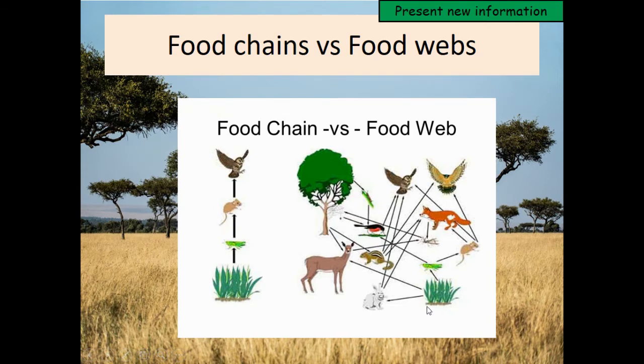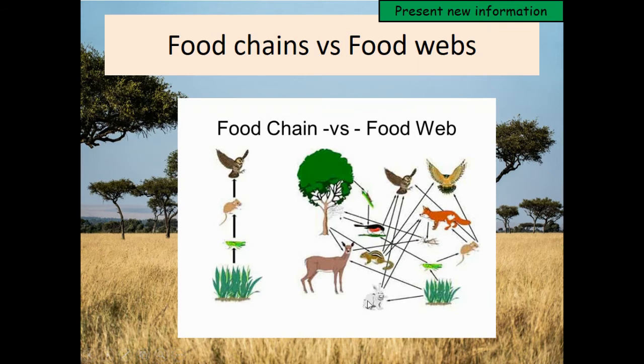A food web is every possible food connection. Whereas a food chain only shows one connection. It shows a plant, primary consumer, secondary consumer, and then your tertiary consumer. Here, this grass could be eaten by the cricket, or the deer, or the rabbit.